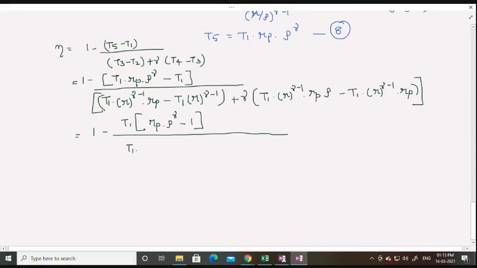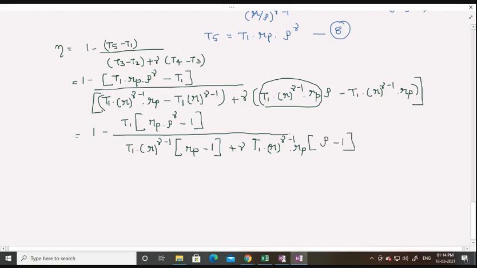Taking it commonly outside, the remaining term is Rp minus 1, plus gamma into, here Rp is common, so T1 into R power gamma minus 1 into Rp, the remaining term is rho minus 1.